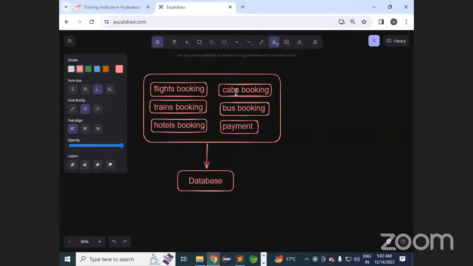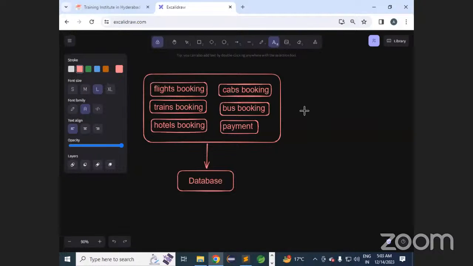If you develop your project like this, then that project is called a monolithic architecture based project. So that was the old style of development. 5 years back, 6 years back, people used to develop projects in this fashion. Now, if you develop your application like this, what will happen?